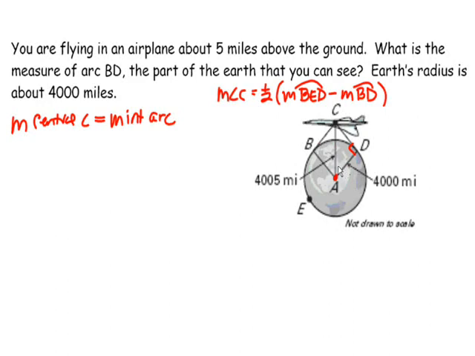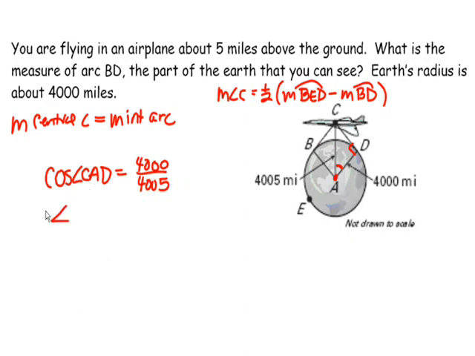All right, so let's use some trig. I'm looking for the measure of this angle right here. From the perspective of this angle, I have the adjacent and the hypotenuse. Adjacent and hypotenuse is cosine. So the cosine of angle CAD is equal to my adjacent, 4,000, over my hypotenuse, 4,005.